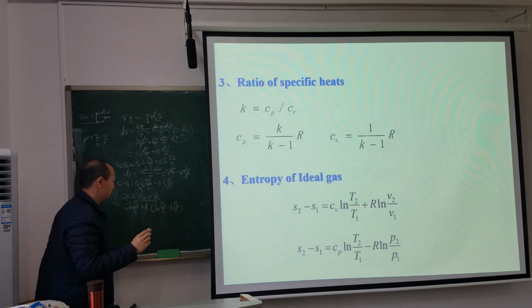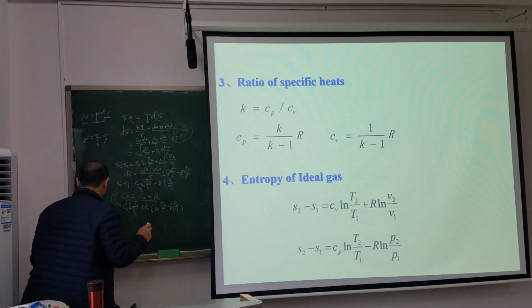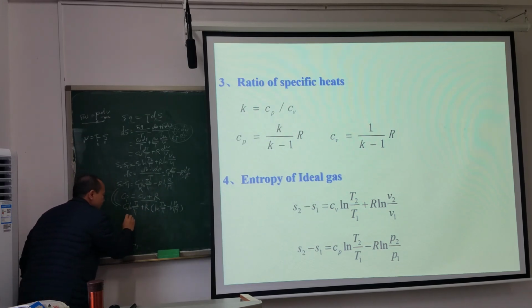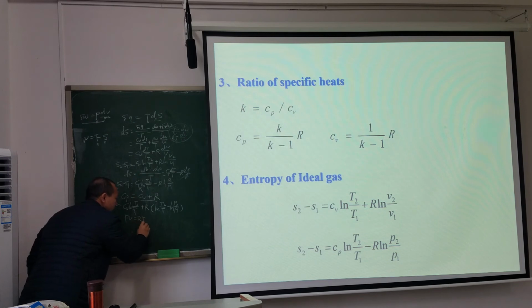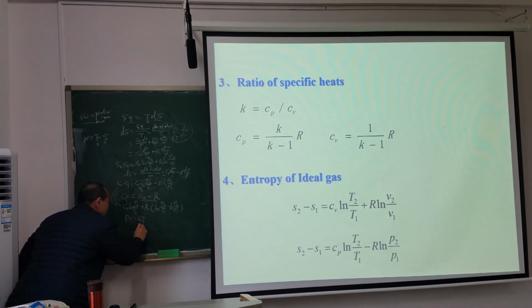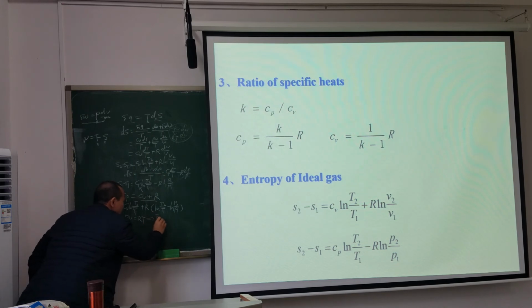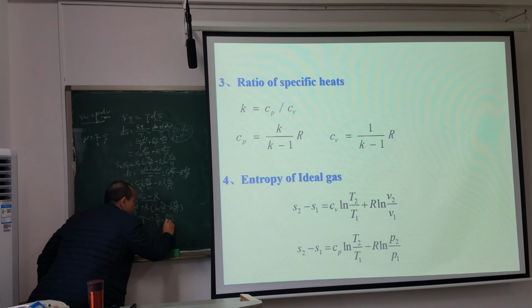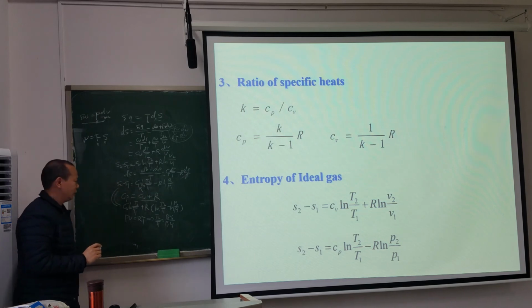We also need to know PV. We know PV is equal to RT. And this means T2 plus T1 is equal to P1V1 plus P2V2.